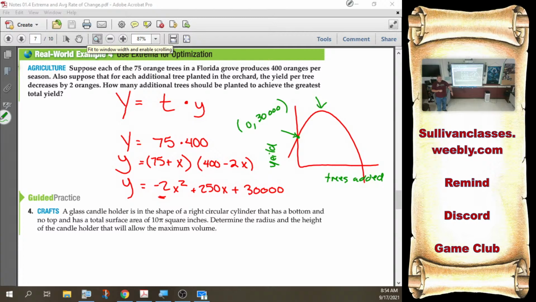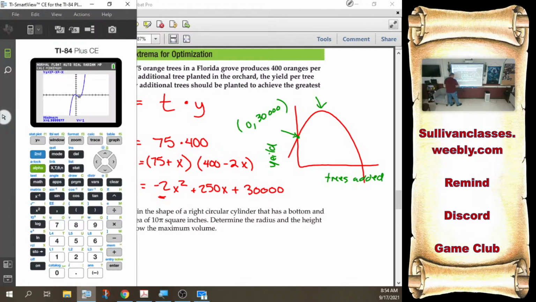If I cram harder for the test, I'm just going to make it worse. I've been staring at these 6 problems for an hour. Staring at them for another 20 minutes is just going to make it worse. The law of diminishing returns. So, that means when I plug this in, I'm going to have to go find a maximum, and I'm going to need a window that actually fits.